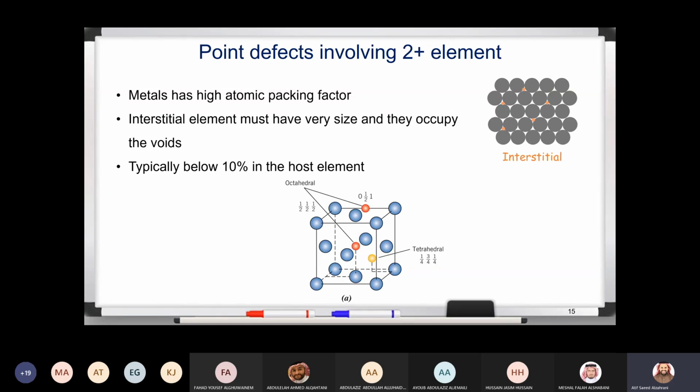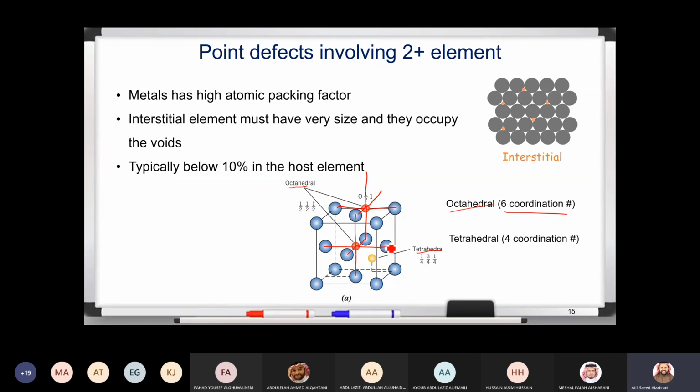So the interstitial atoms can occupy either an octahedral site or a tetrahedral site. Octahedral site means we have a coordination number of 6, meaning there are 6 neighboring atoms: 1, 2, 3, 4, 5, 6. And this is the same thing, 1, 2, 3, 4, 5, and 6. So this is the octahedral site.